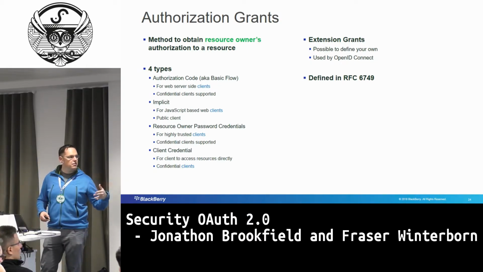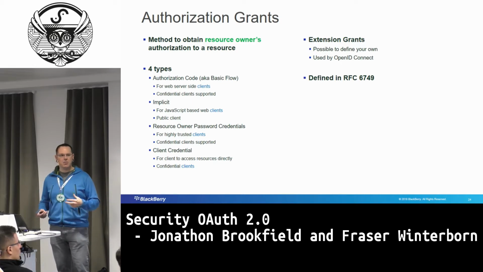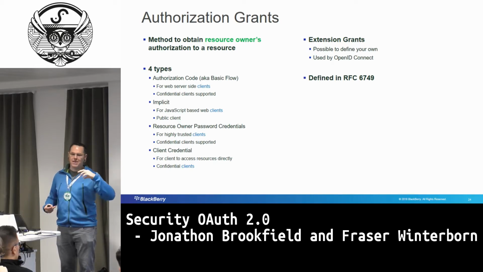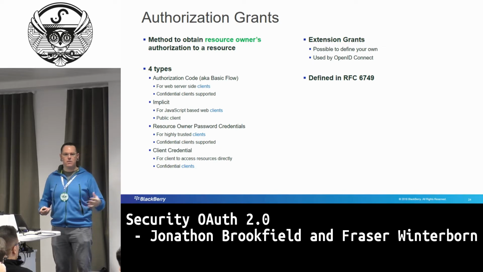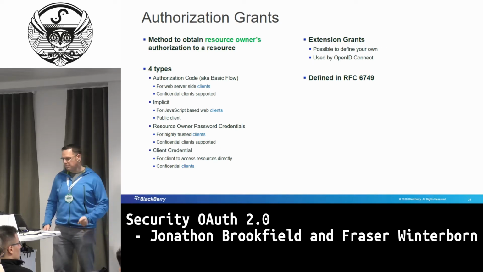One is the resource owner password credentials. This is sort of written as an intermediate one where you actually hand over your credentials to the client, and it will then use your credentials to get access tokens and refresh tokens. It allows you to migrate, say, a native app to a more web-based focus.